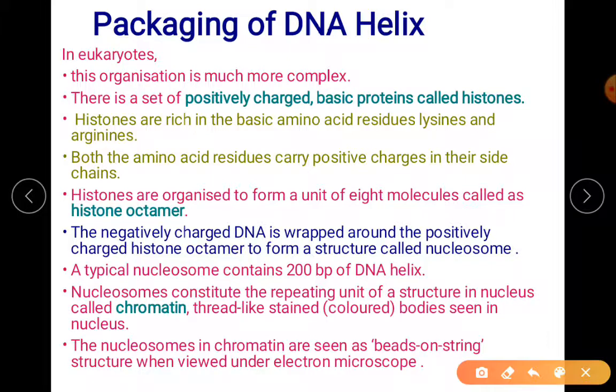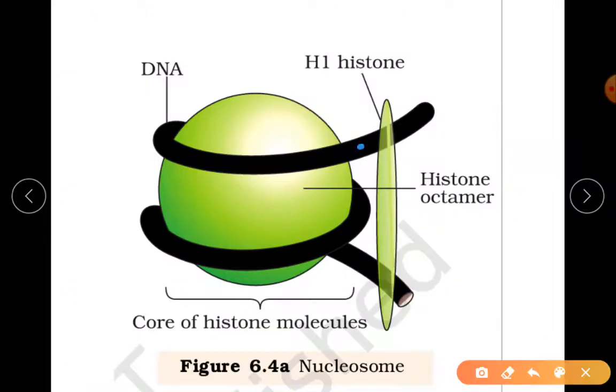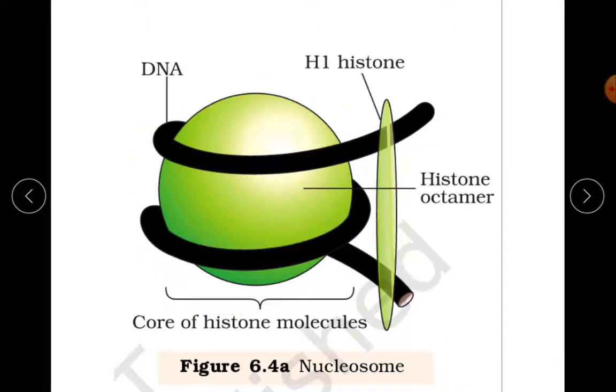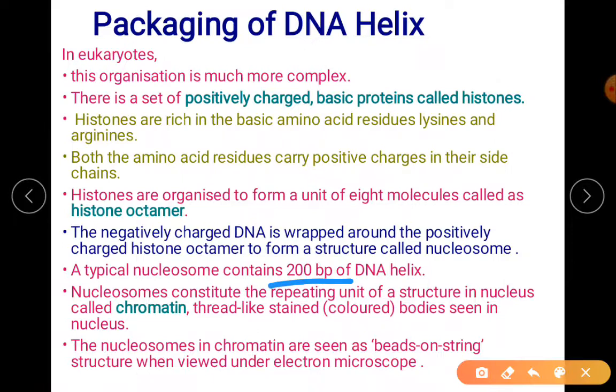So this particular DNA, which is wound around the histone octamer, if you count the number of base pairs, it is said that it contains 200 base pairs. So that's what you have to remember. Nucleosomes constitute the repeating units of a structure in the nucleus called chromatin.